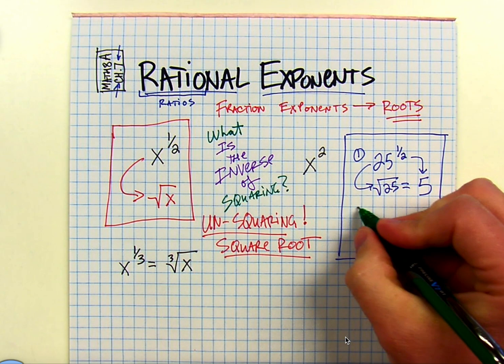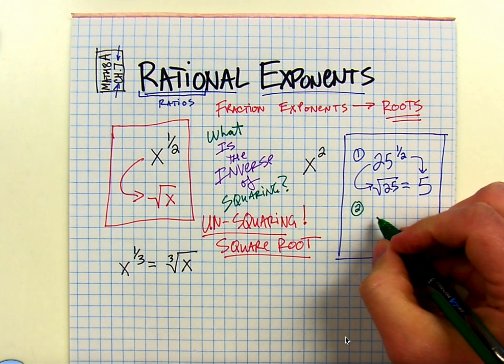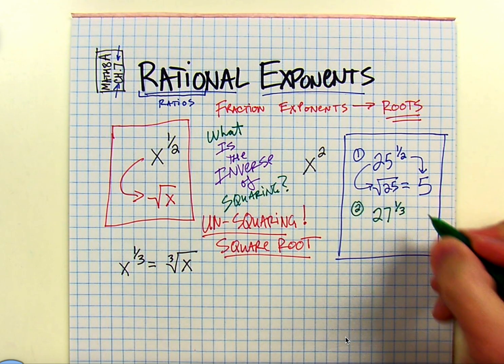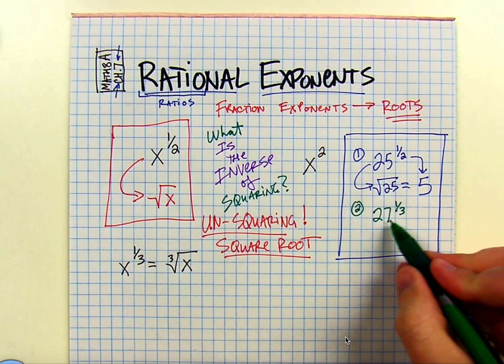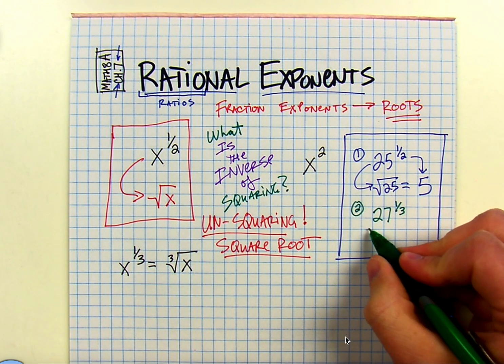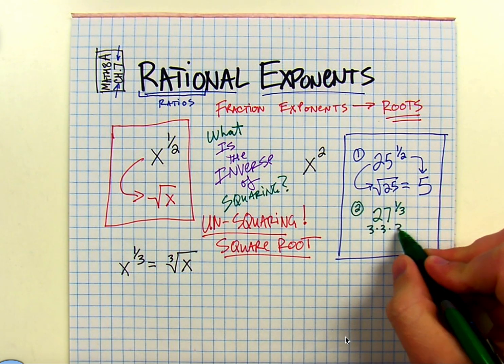Let's just kick it up just a slight notch. What if I said, what is 27 to the 1/3 power? Okay, now we're not going to unsquare it. We're going to uncube it. In other words, what cubed makes 27? Well, 27 happens to be 9 times 3, which is 3 times 3 times 3.